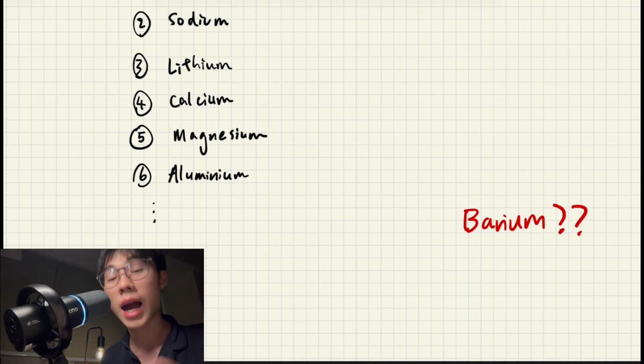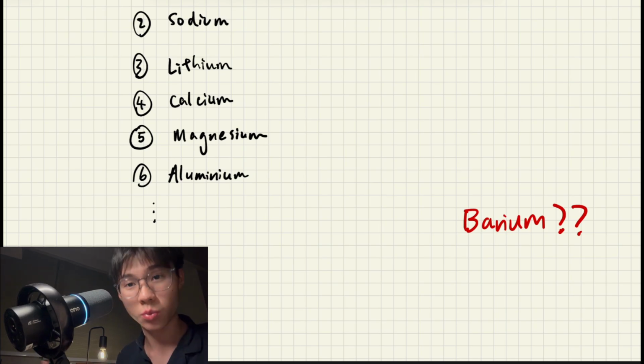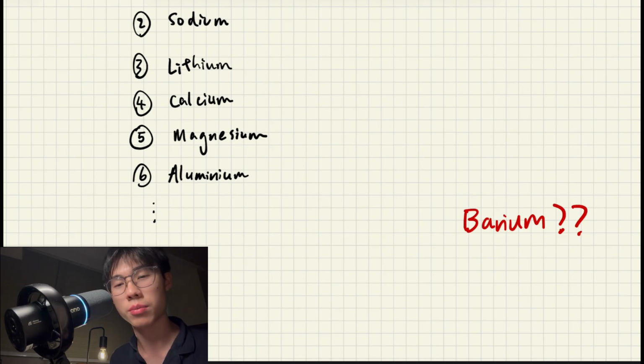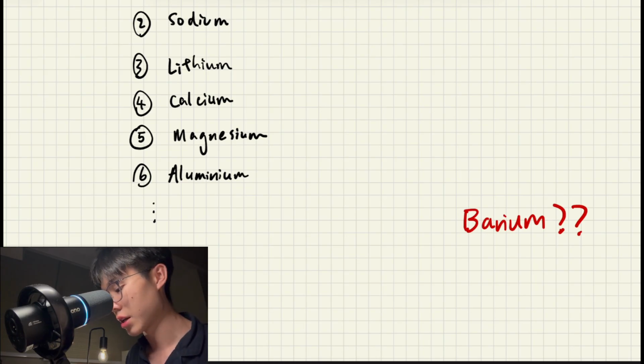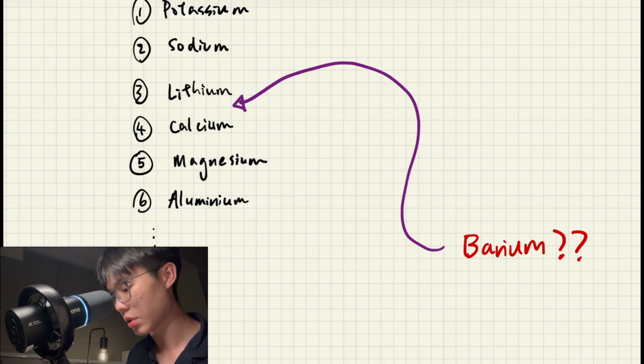After explaining the reason for the order of elements within the reactivity series, let's return to the initial question that I proposed, which is, where does barium have a place in the reactivity series? The answer is here, right between lithium and calcium.